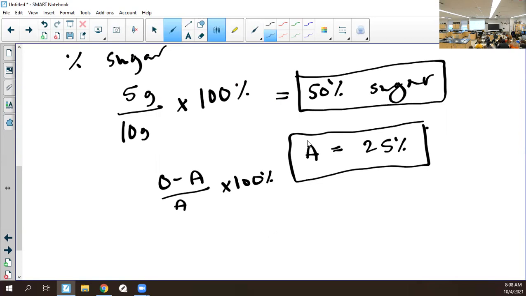So should we put our 50% or 25% first? Do the 50. So we'll do 50% here. And you don't have to put the percent in on this part, I should say. You can just put it as 50 minus 25 over 25.